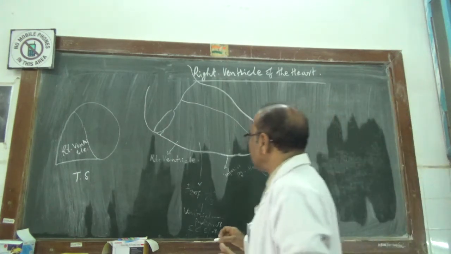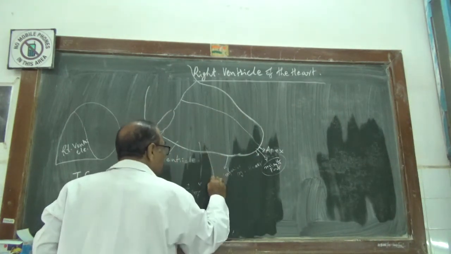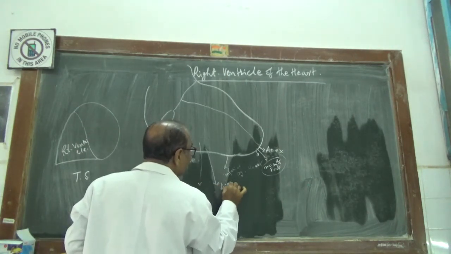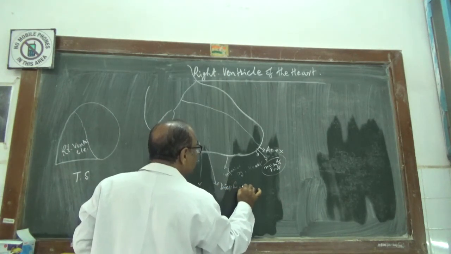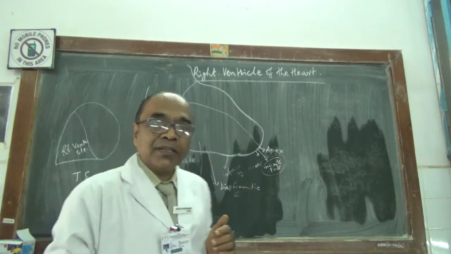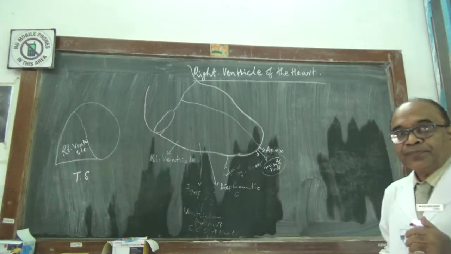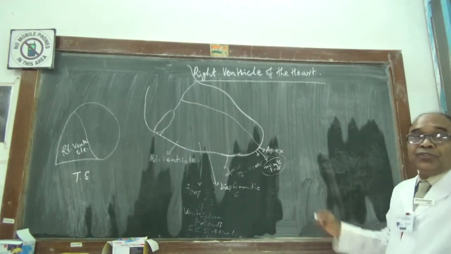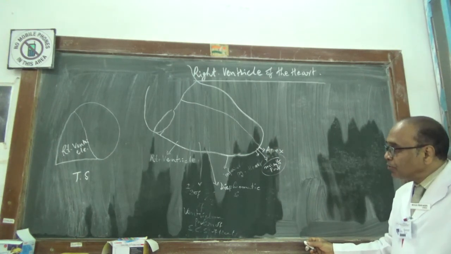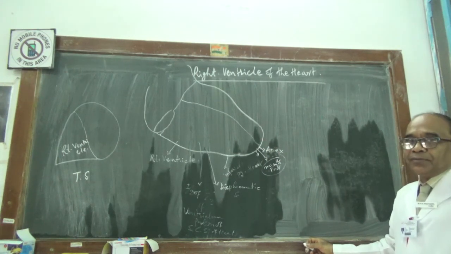Then a very small portion of the diaphragmatic surface of the heart. So this is all that it forms. That is the right ventricle.